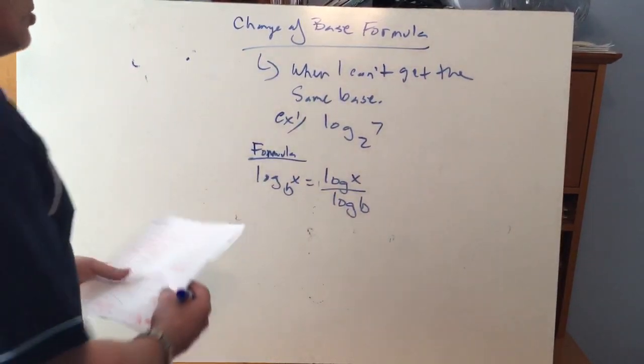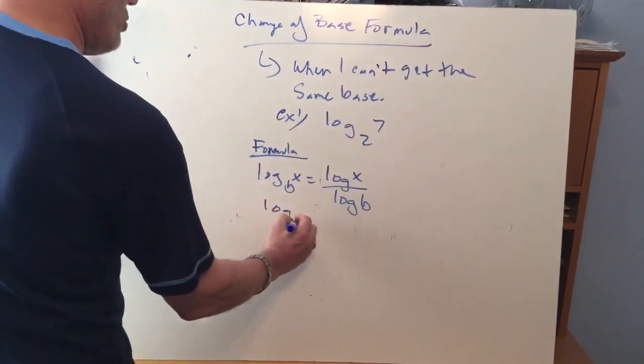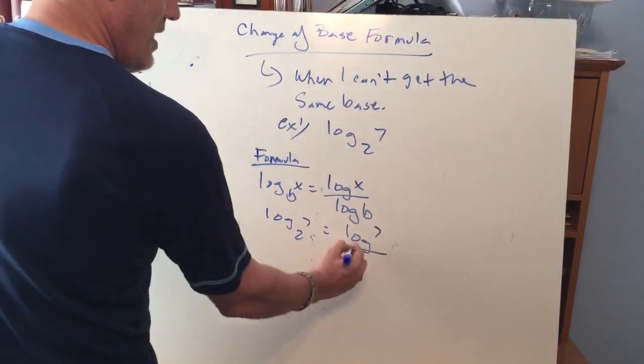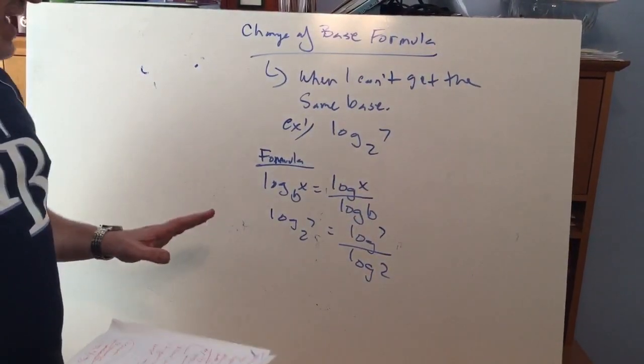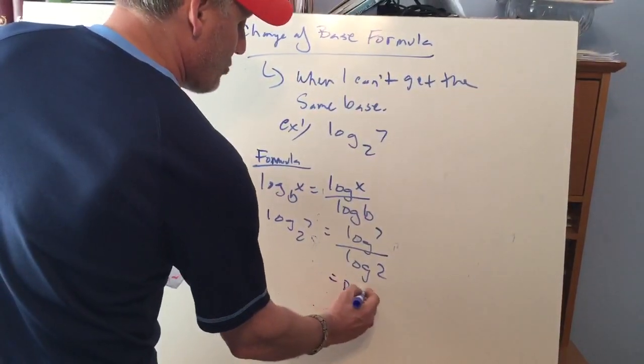That's all you're doing. So, to solve log base 2 of 7, we take the log of the top one and divide it by the log of the bottom one, and then you would get your decimal answer.